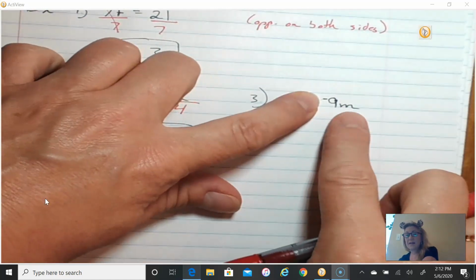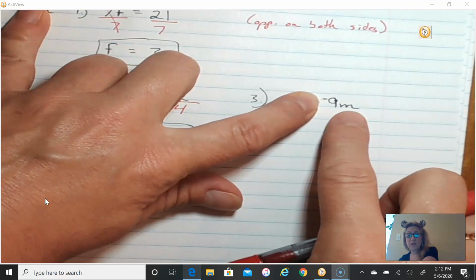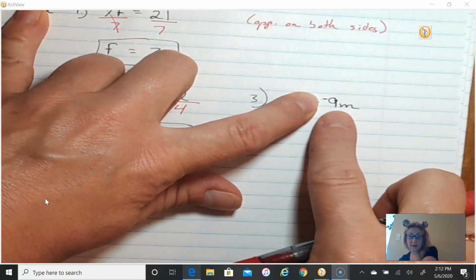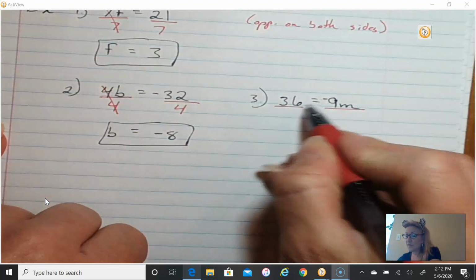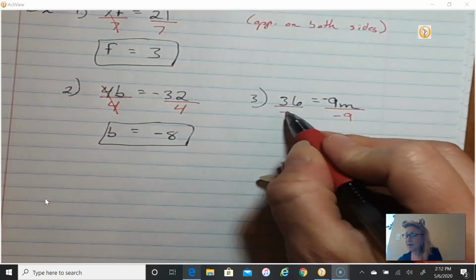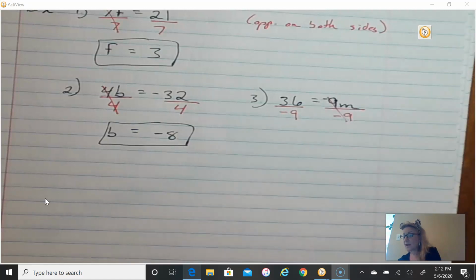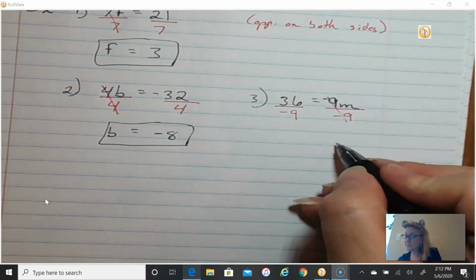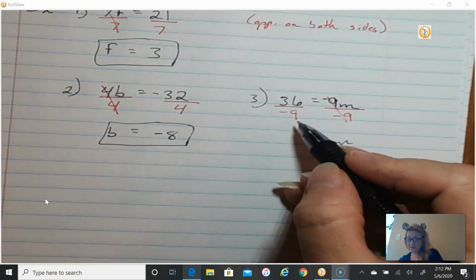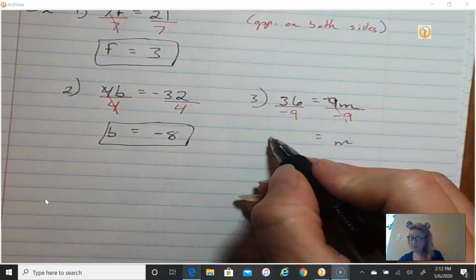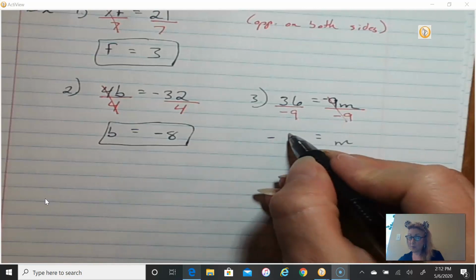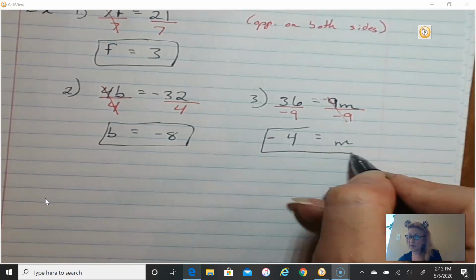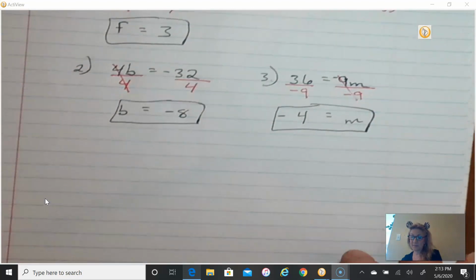That negative 9 and that m, they're multiplying, right? Because they're right next to each other, so the opposite is division. So we're going to divide both sides by negative 9. The negative 9s cancel out. 36, positive divided by negative is a negative. 36 divided by 9 is 4. So negative 4 equals m.